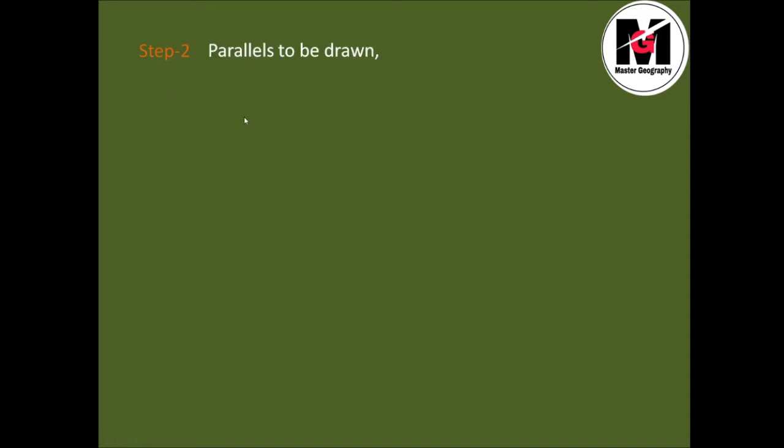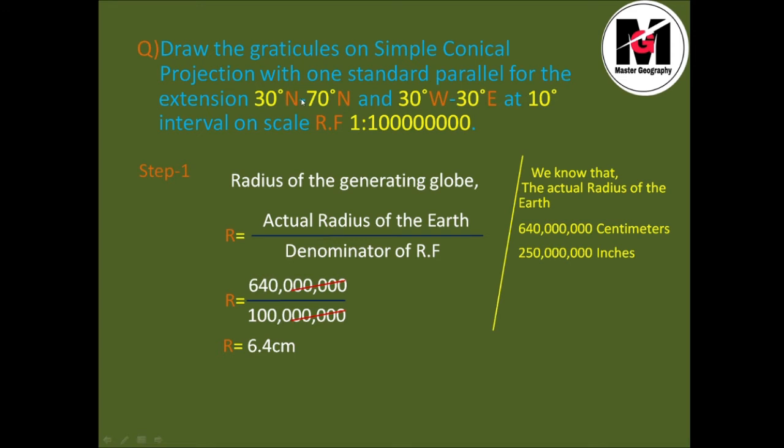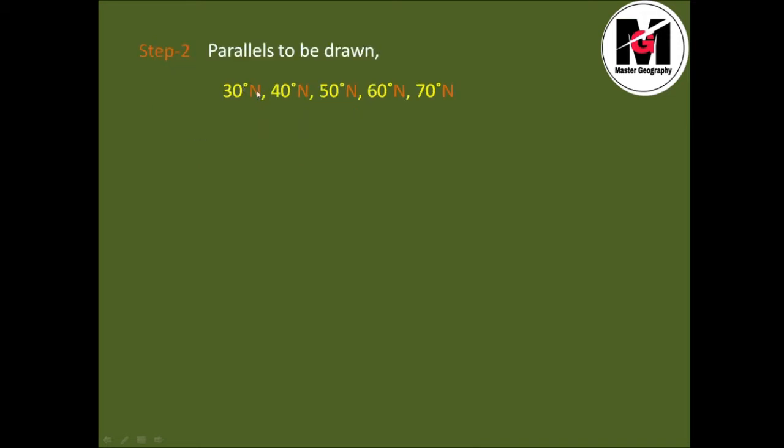We will write 10 degree interval to parallel. The latitude is 30 degree north to 70 degree north at 10 degree interval. So 30 degree north, 40 degree north, 50 degree north, 60 degree north, 70 degree north.